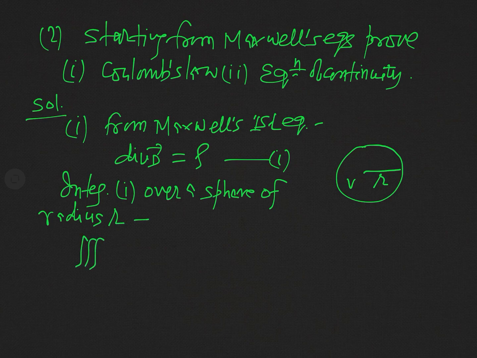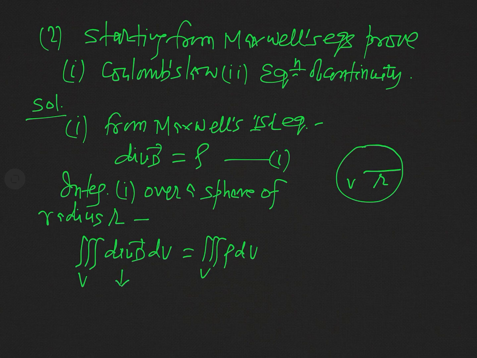This will be integral over V, where V is the volume of this sphere, which will be 4 over 3 pi r cube, of divergence D dV, and this is equal to integral over V rho dV.